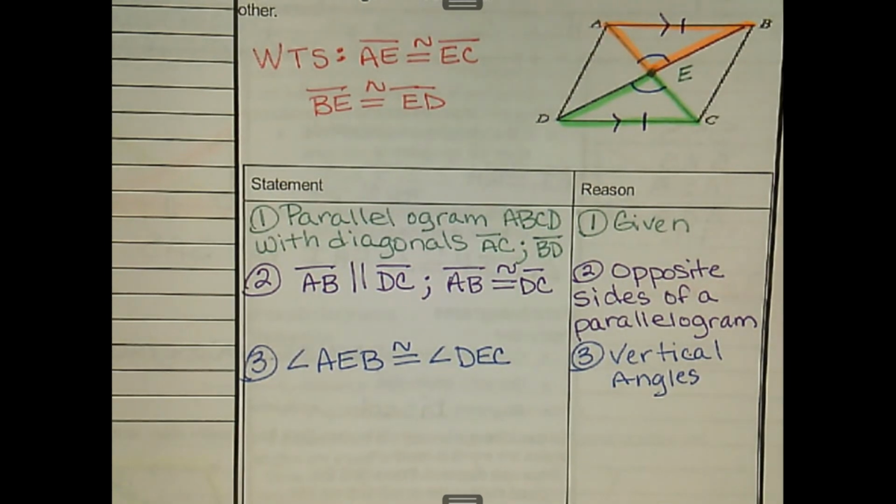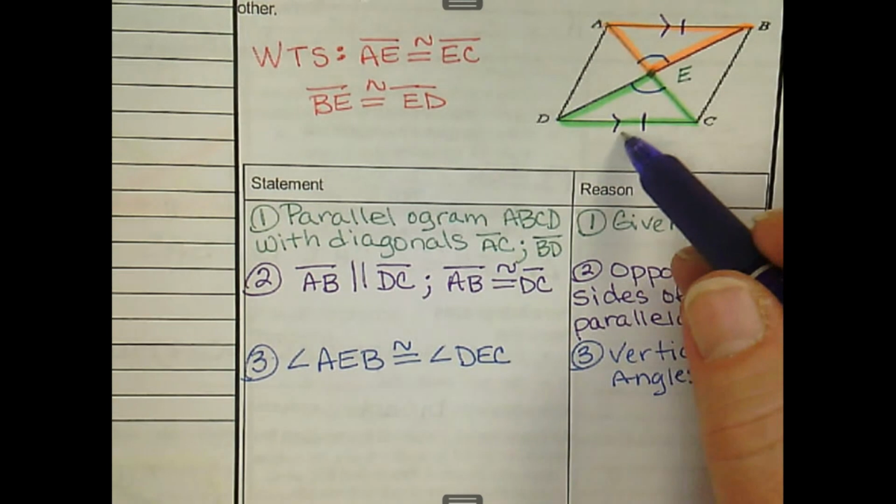Okay, now I need one more pair of congruent angles and I'm done. I've got a parallelogram. What reason did we use in the last proof when we had parallel lines cut by a transversal? Interior, what kind? Alternate interior. So make an executive decision.